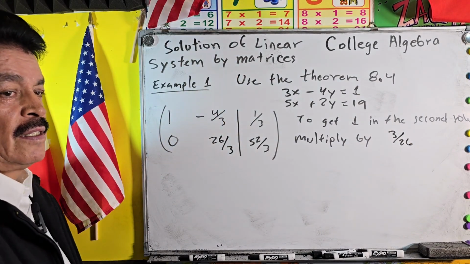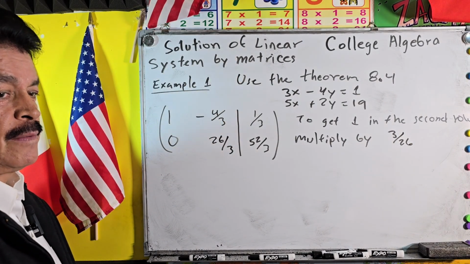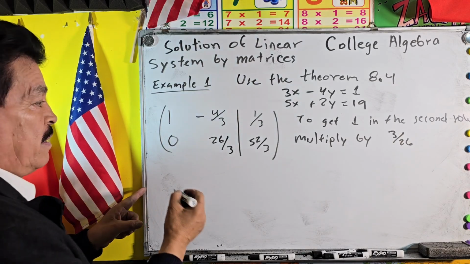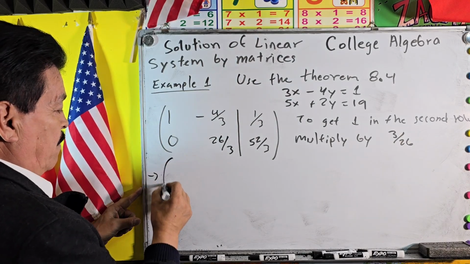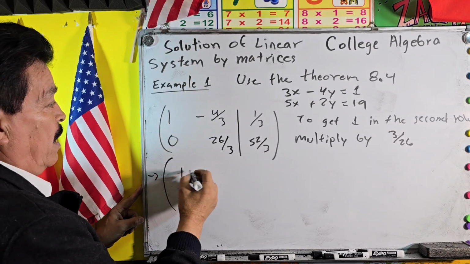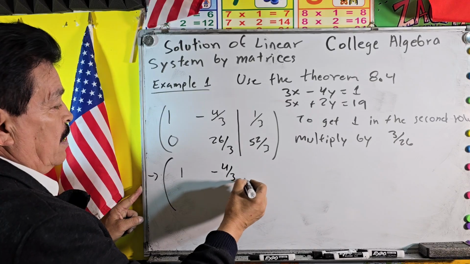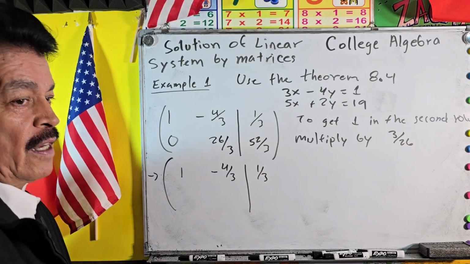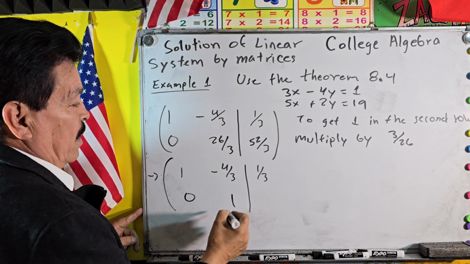All right. And then of course the result, when you do that, you're going to have 1, minus 4 thirds, 1 third right here, and then 0, and then 1.